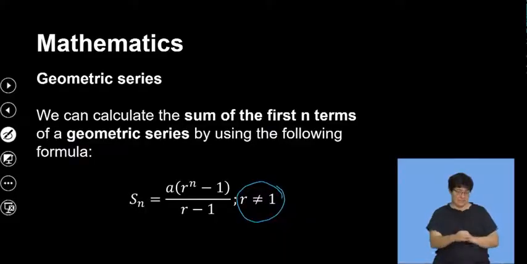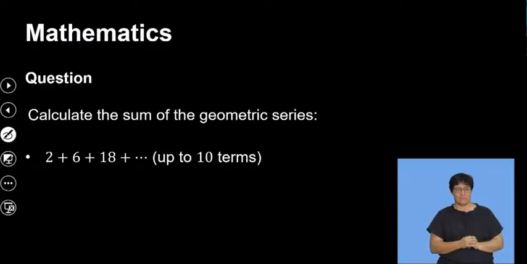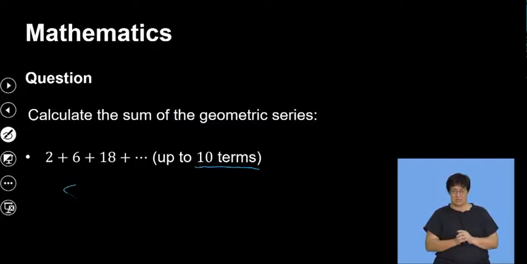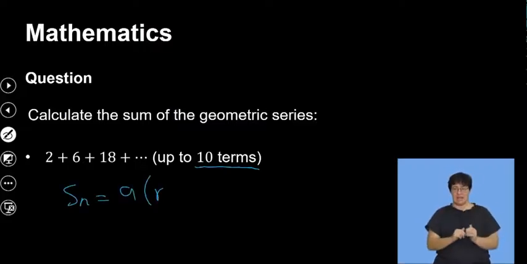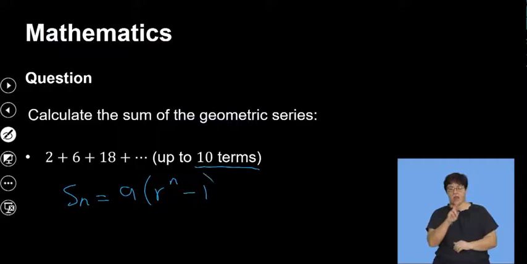So now we also have some questions that you can do here. It says calculate the sum of the geometric series up to how many terms? 10 of them. So I said to you the formula will be Sn is equal to a into r to the n minus 1, all over r minus 1.